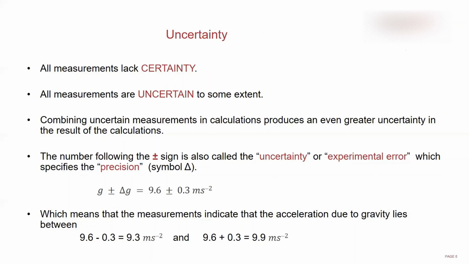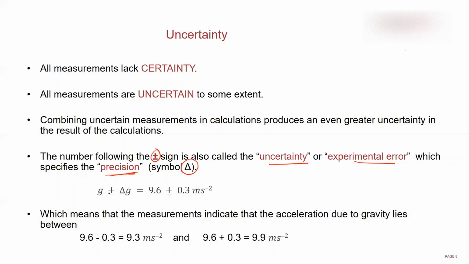All measurements lack certainty. All measurements are uncertain to some extent. Combining uncertain measurements in a calculation produces an even greater uncertainty in the results of the calculation. The number following the plus or minus sign, also called the uncertainty or experimental error, represents the precision of a value. We use the symbol delta for that.